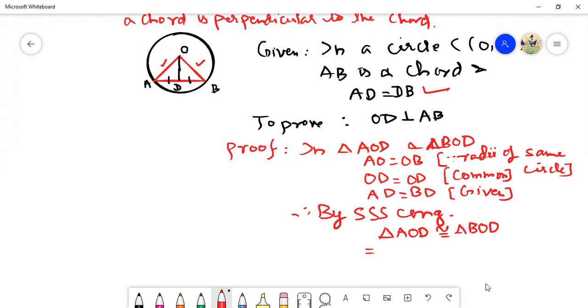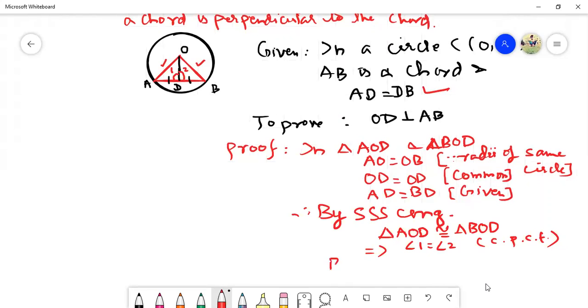When it is congruent by CPCT, you can take this angle number 1, to better understand, and this is angle number 2. So these two angles are equal. Angle 1 is equal to angle 2 by CPCT.